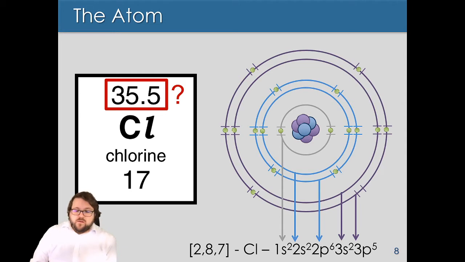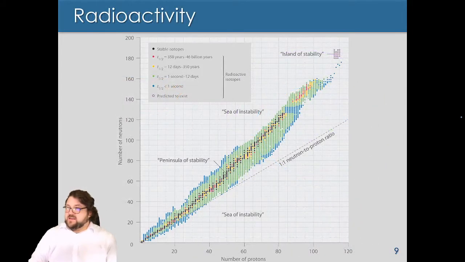So, what does that mean, really, is the question. So let's have a look at this. In general, a nucleus wants roughly even numbers of protons and neutrons. And you can see that there's a sort of straight line in this axis. What this graph is showing is how stable the isotopes are.